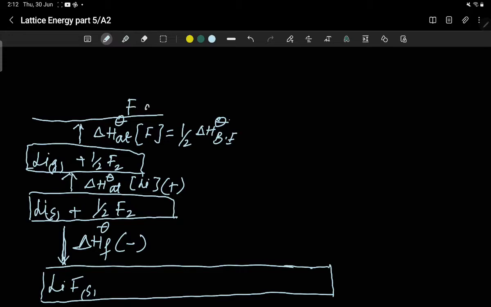This is fluorine, now changing into a gaseous atom.